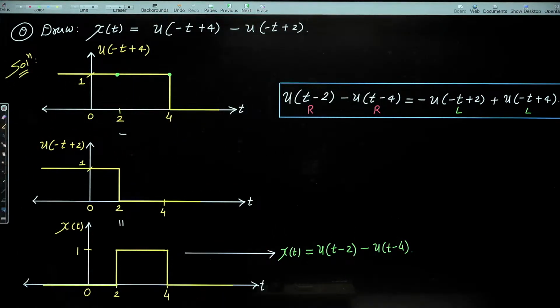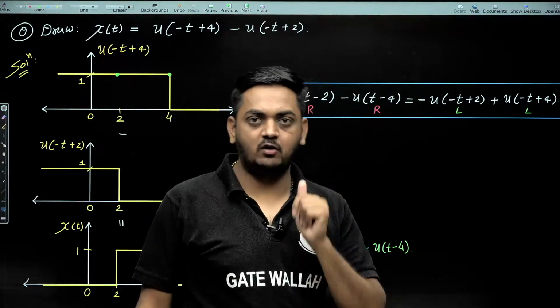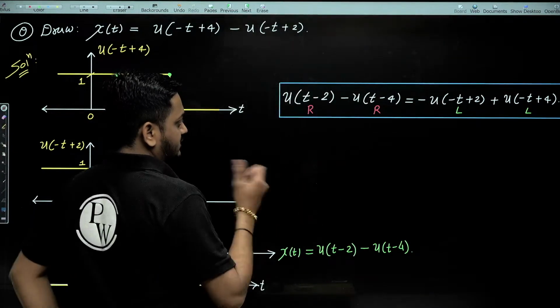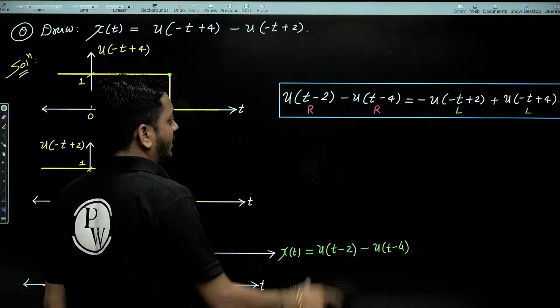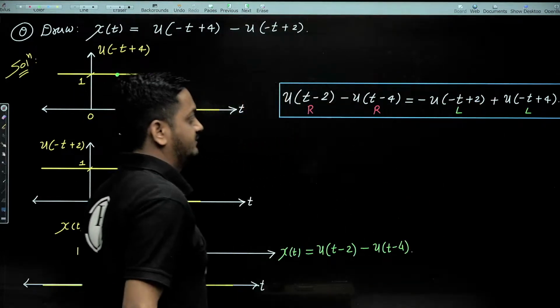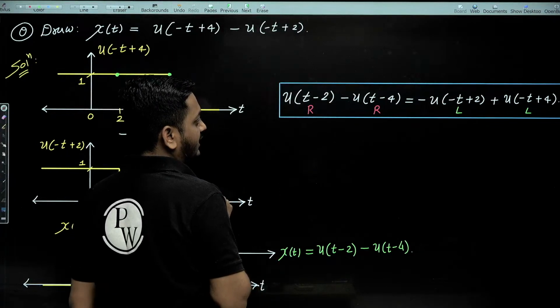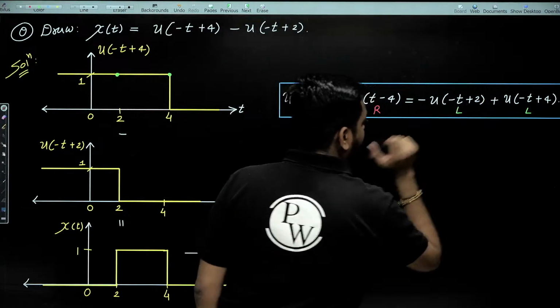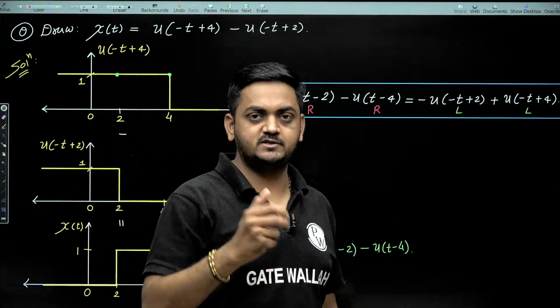So what you have to do, guys? Simply you have to change the sign of amplitude. See, if you have the right sided representation, then how to write the left sided representation? First of all, there is an opposite sign of amplitude, guys.